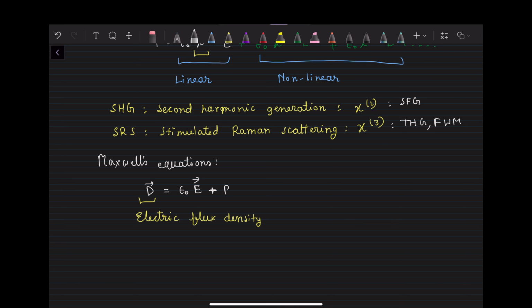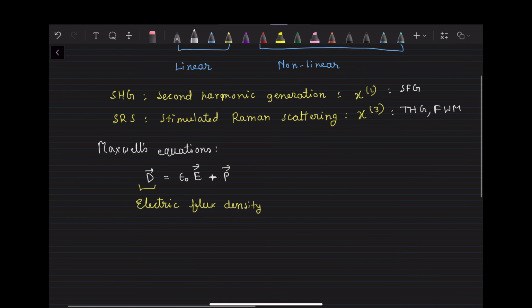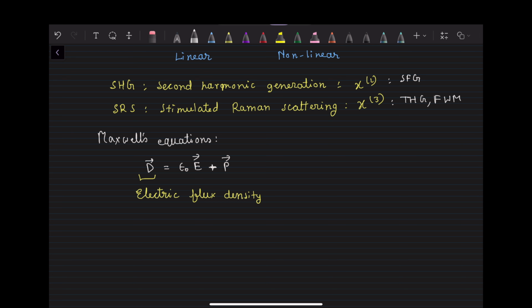In those texts, they might have skipped polarization, and that's very important because that will give you the response of the medium, and that's where we get the nonlinear effects, right? So here, electric flux density consists of two terms, first and second.